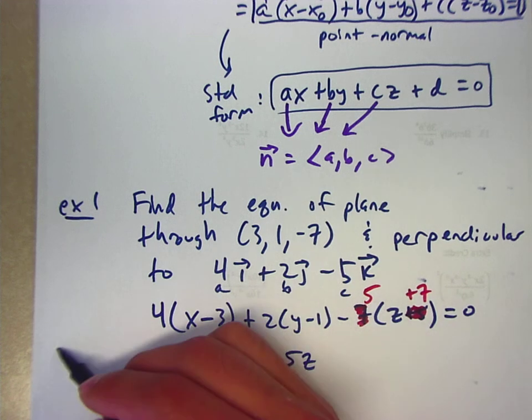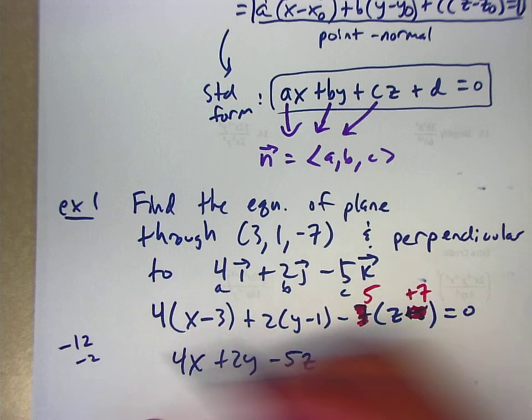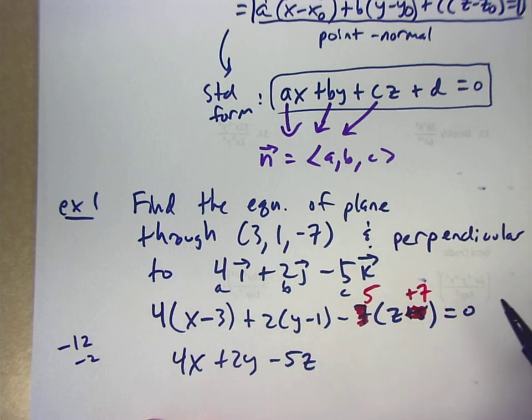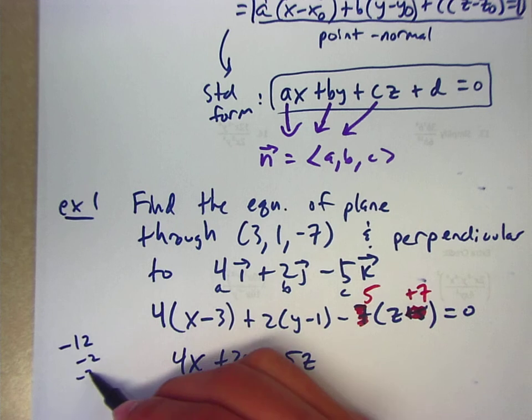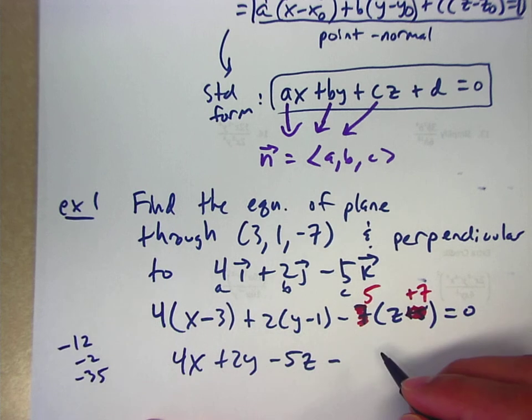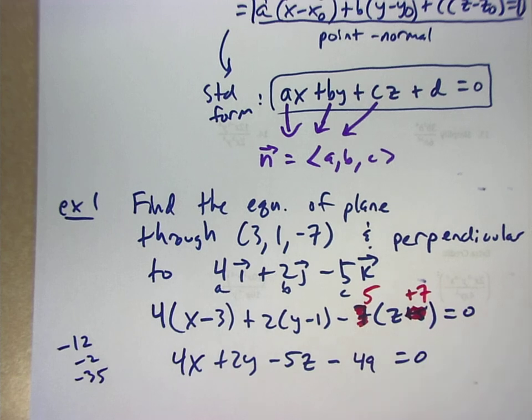So negative 12, negative 2, and what is that, minus 35? So that's going to be minus 49 equal to 0. Okay? All right. So hopefully that makes some sense there.